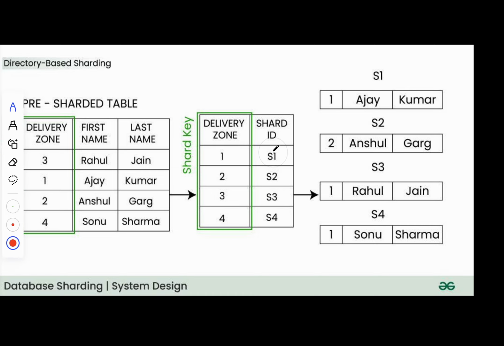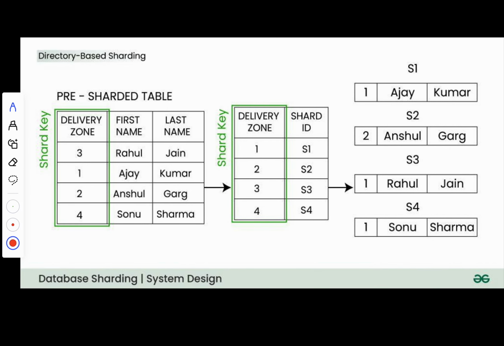Okay, but what are the pros and cons of this one? If you want to understand the advantages, first, flexible data distribution. Because you maintain a central directory, you can easily update which shard holds which data without changing application logic. Number two, efficient query routing.